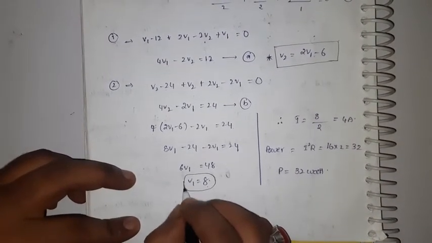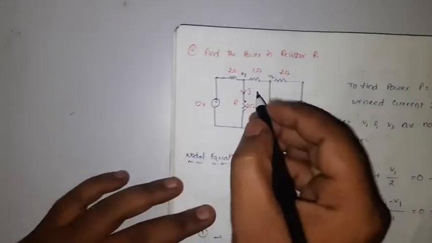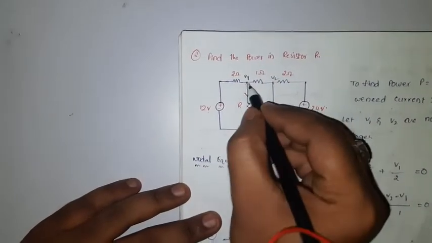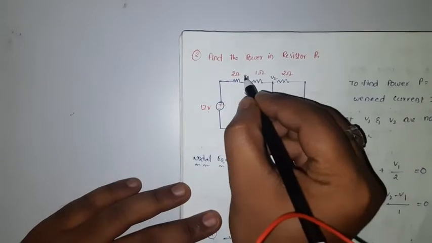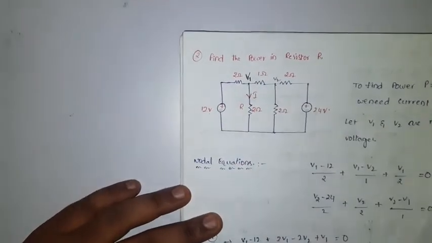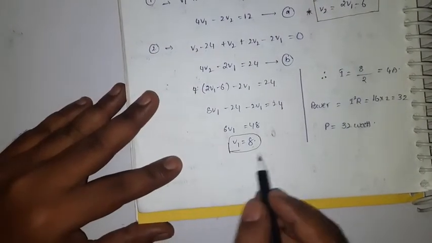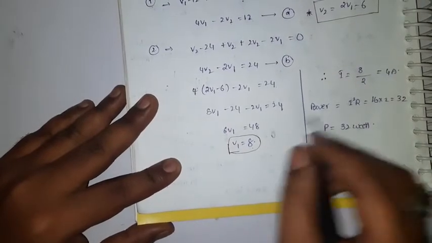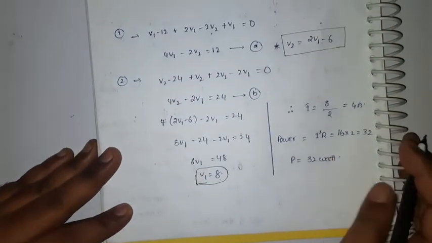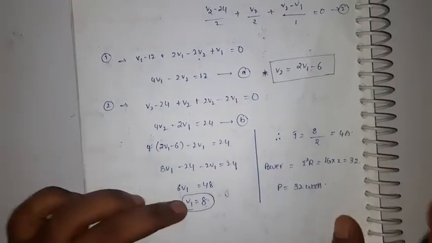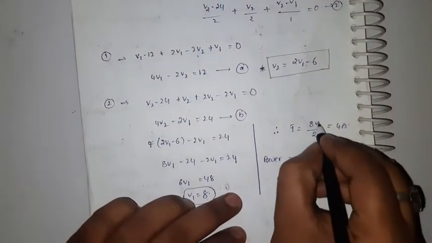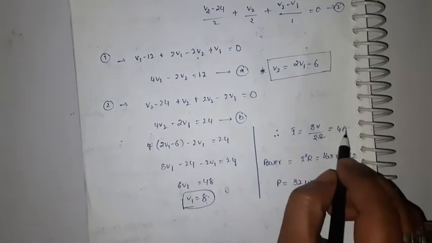So what do we need to find? We need to find the current through this branch. For finding the current through this branch, we require V1, and we got V1 here. So it is very simple to find the power through this 2 ohm resistor now. So what is I? 8 volt by 2 ohm is equal to 4 ampere, the current through this branch.